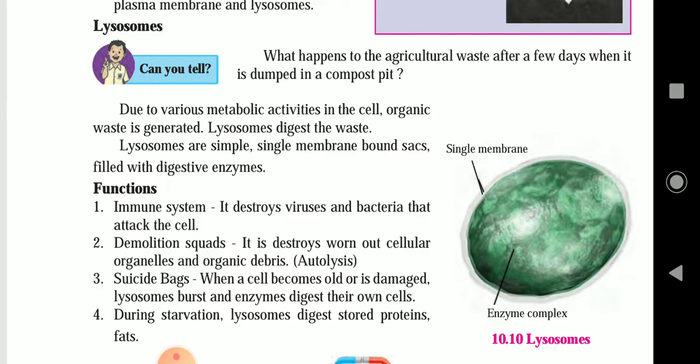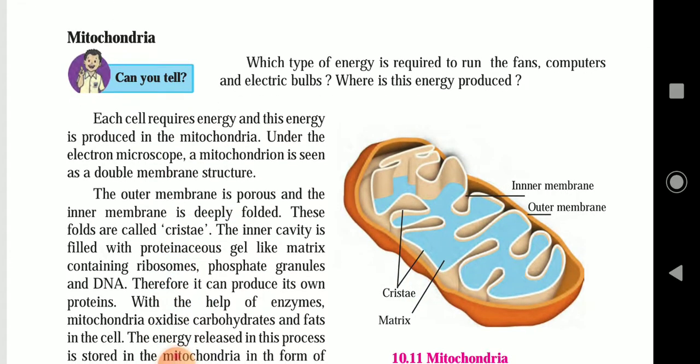Or it helps when viruses and bacteria attack the cell, so it releases the enzymes, the poisonous substances which kill the harmful microorganisms. So read the function of lysosomes.